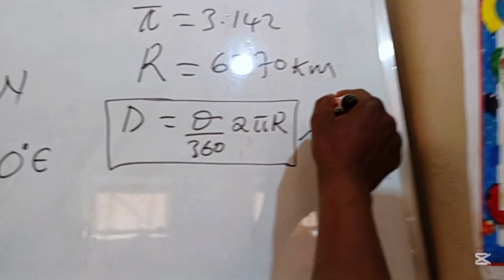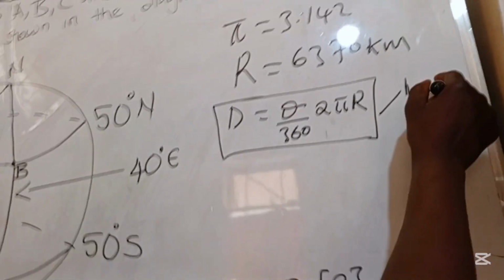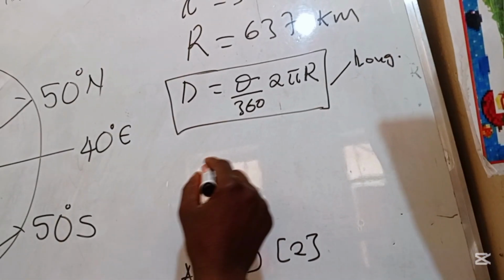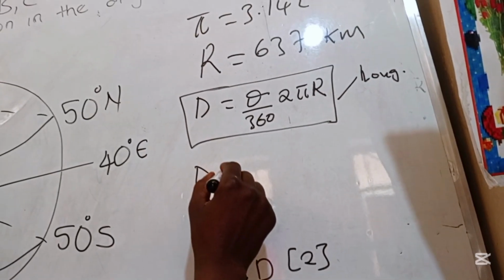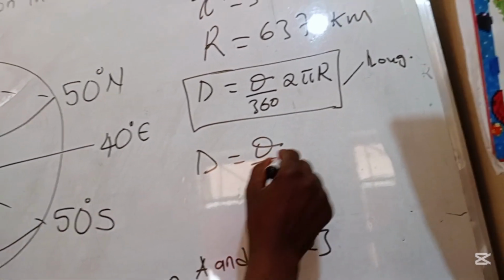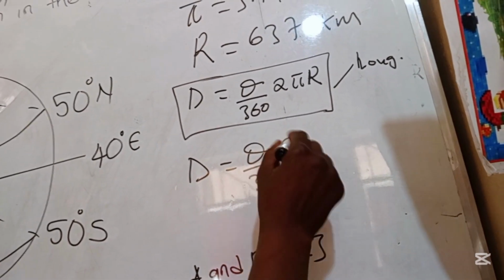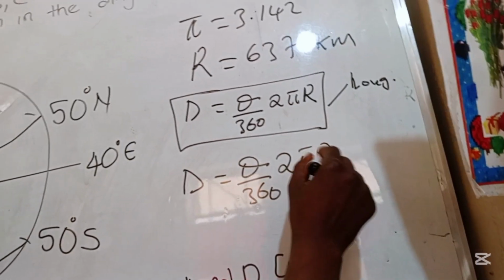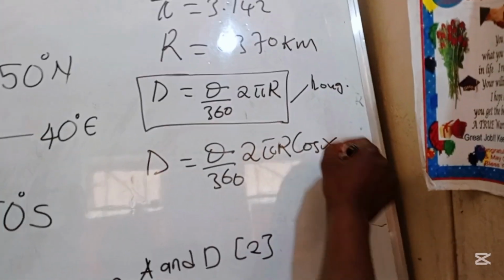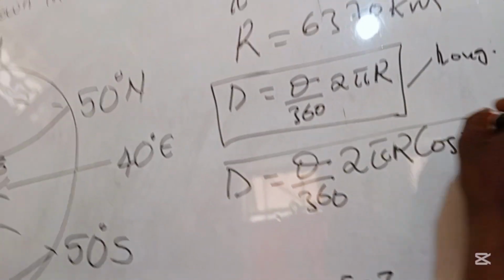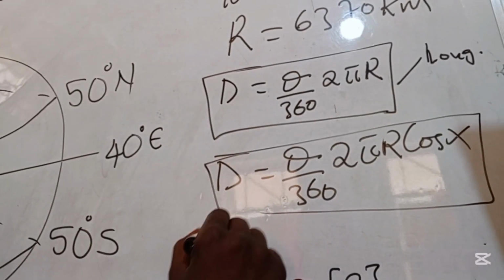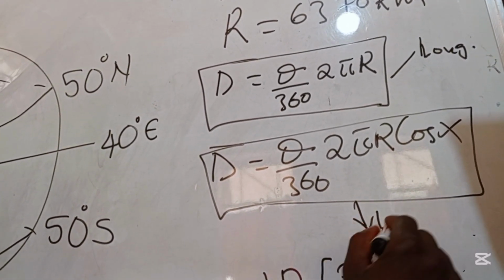This is the distance along the longitude. So the distance along the latitude is theta over 360, 2 pi r cos x. So this is the formula along the latitude.